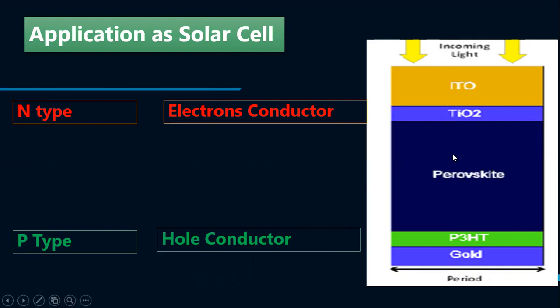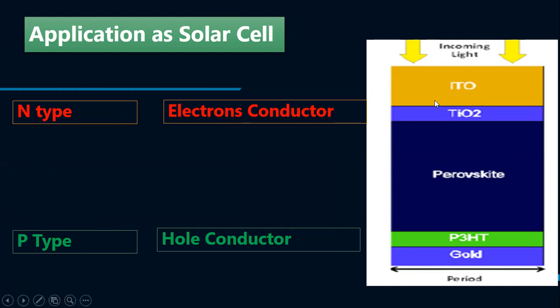When the light falls, we will place n-type material on the upper side of the perovskite and p-type material on the lower side of the perovskite. This perovskite is acting as a depletion region. This depletion region will be destroyed by the introduction of light.